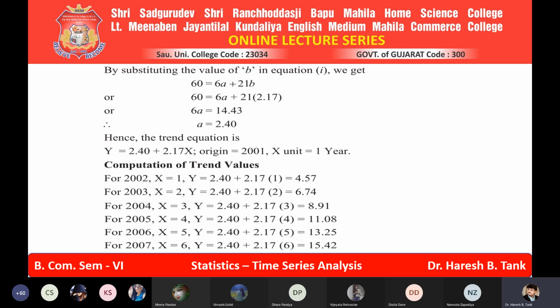Simplifying it, 6 times a becomes 14.43. So the value of a becomes 14.43 divided by 6. 14.43 divided by 6 comes to 2.40. Are you getting this value?